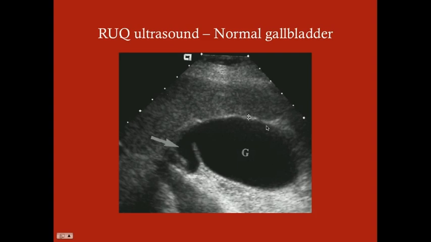But here's your wall of the gallbladder, and you can measure it using the devices on your ultrasound. They're all different, but they're measuring it here from here to here, and it'll come back saying 0.8 millimeters, and that's normal. Anything below 3 millimeters is normal for the gallbladder. And then here you also see the duct. If you look really closely, you can see some smudging, and that's actually bile.